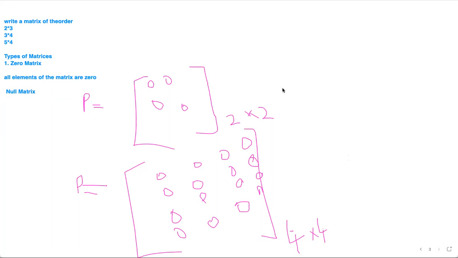I'll do one more matrix here. Okay. Q is equal to 0, 0, 0, 0, 0, 0. Now, 3 class into 2 or 2 into 3? 2 into 3.